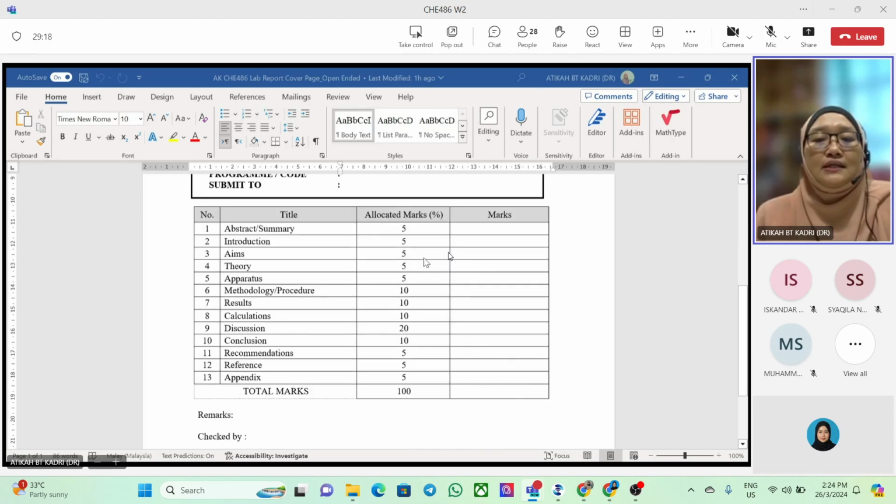And as I mentioned to you, the allocation is rather different. The intensity is actually allocated at the results, calculation, discussion, conclusion, and also method. You can see how different the allocation of marks is between close-ended and open-ended.